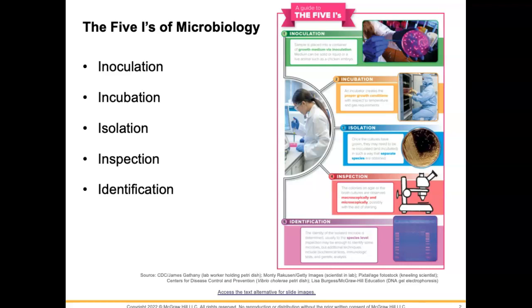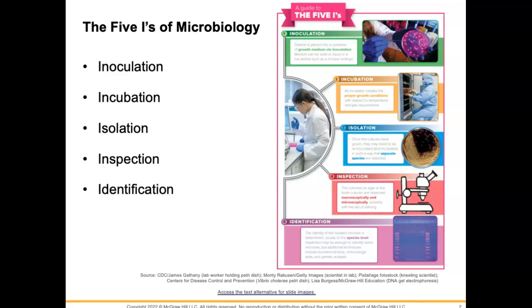So inoculation is when we take a sample from a patient and apply it or insert it, or inoculate some sort of media with that specimen. And then we take that inoculated specimen and we incubate it at a certain temperature.